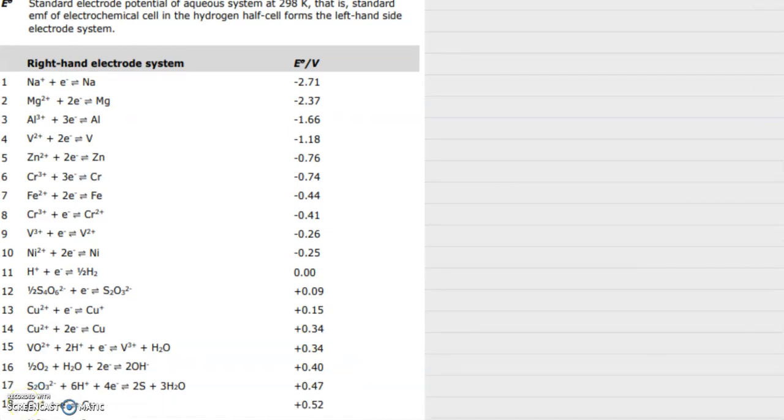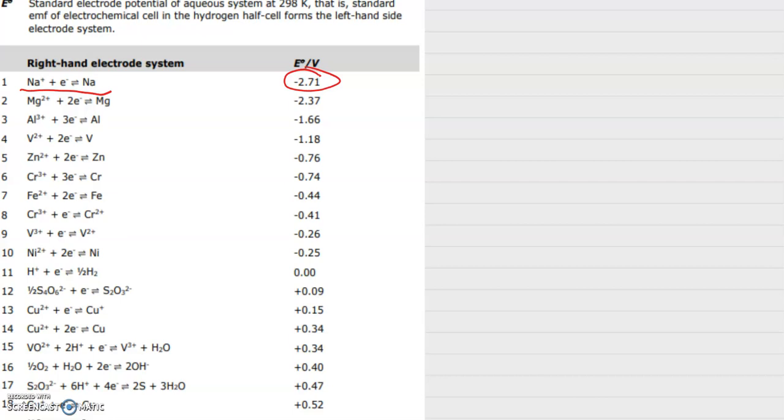You can notice that sodium metal has a very negative value, which means sodium loses electrons very, very quickly. The tendency of losing electrons is very high.